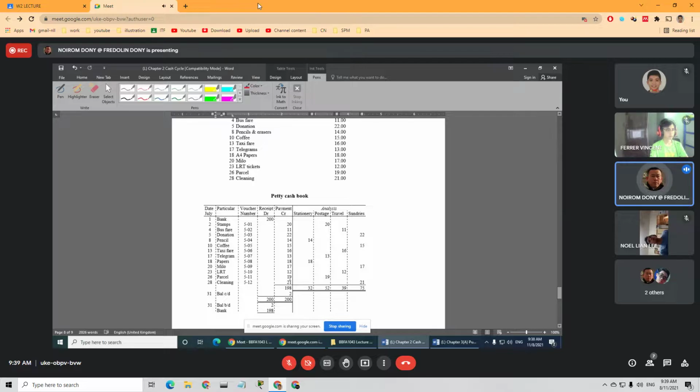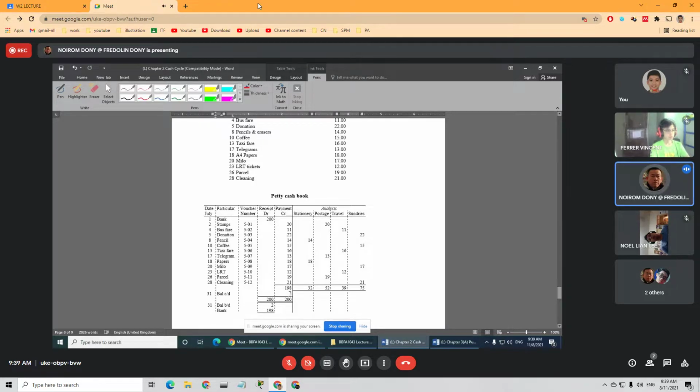Compare 198 and 200, which amount is higher? 200 is higher. So we put 200 as a total for both sides: the receipt debit side 200, the payment credit side 200. In order to make the total credit 200, we need the balancing figure.